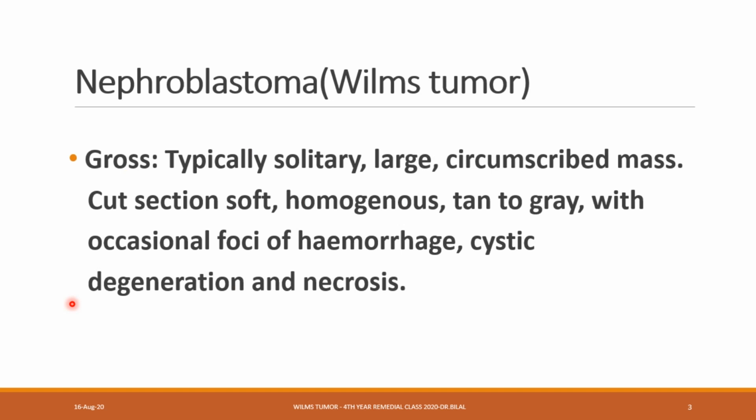And when you perform an ultrasound or a CT scan, you know that there's something wrong going on in the kidney of that child. Okay, so they present as masses or something new in the tummy of the child.